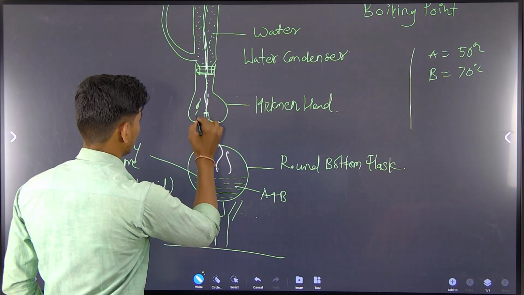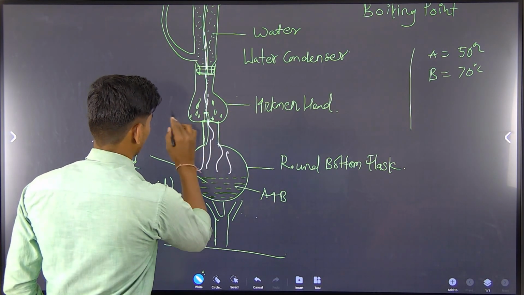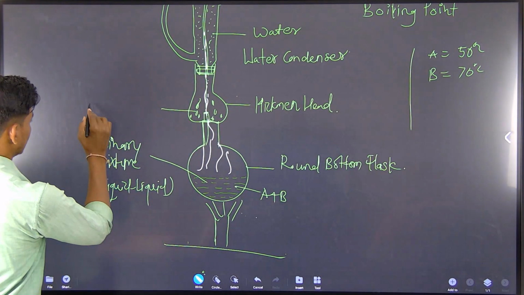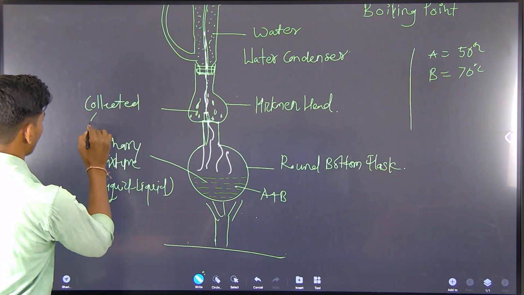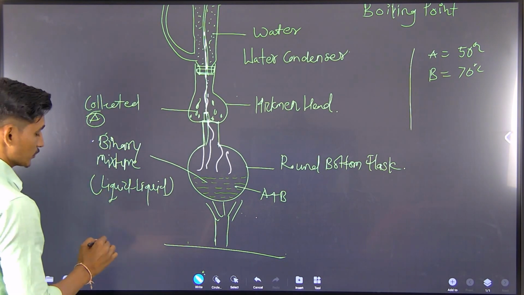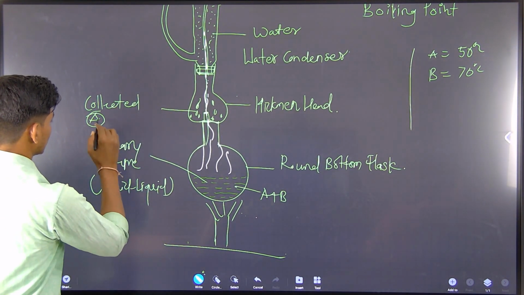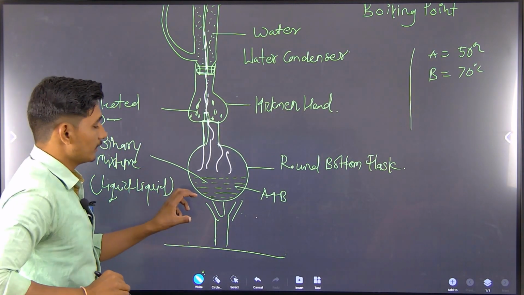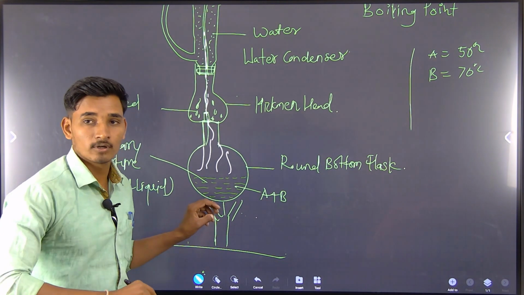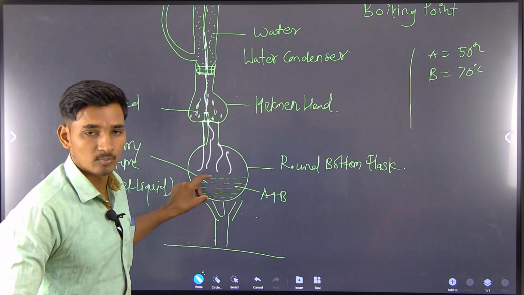These droplets flow into the Hickman head and collect there. This is the collected compound A. Compound A is liquid in nature, and compound B is also liquid in nature. Compound A collects in the Hickman head, and the remaining compound B, whose boiling point is higher, remains in the round bottom flask.